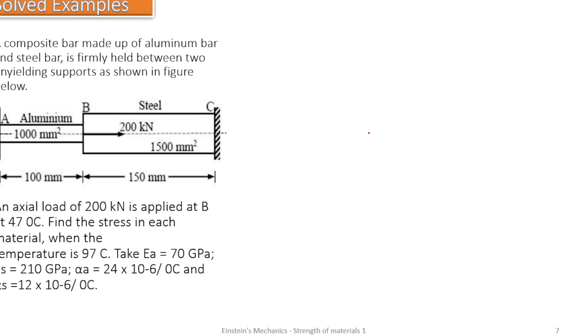So let's look at an example. It's interesting. This bar is fixed at both ends, aluminium and steel, but it is fixed at both ends. So let's look at what happens inside this bar. This example is quite interesting.